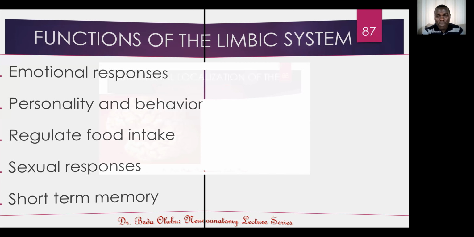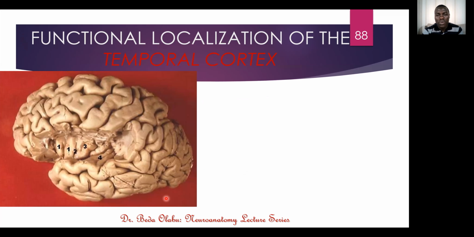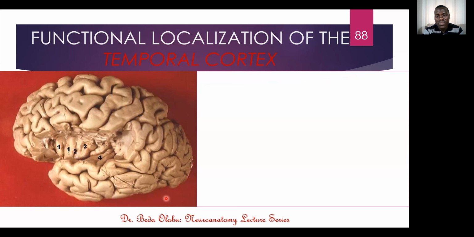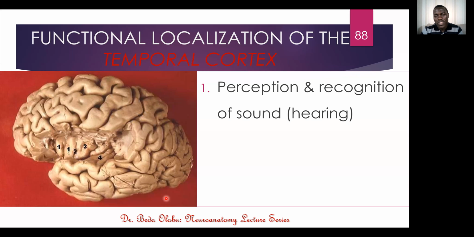Now I can go back to the concept of the temporal lobe and give you a summary of the key functions of the temporal cortex. We've said that temporal cortex is a region for perception and recognition of sound. Sound is perceived on the transverse temporal gyri, area number 41 and 42.